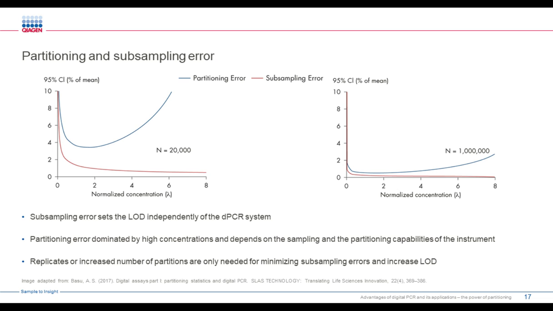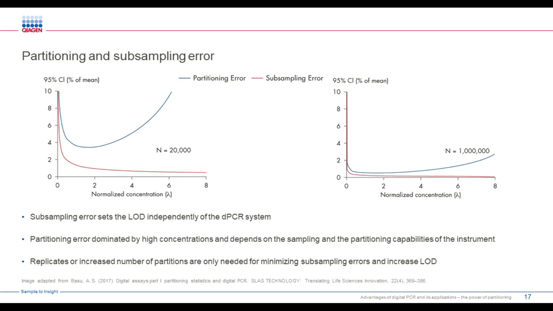As I mentioned earlier in this presentation, there are vendors that have different numbers of partitions. We have two different ones: one is 8,500 and one is 26,000 partitions. They have different partitioning errors, because you can load less in the 8,500, as it will be oversaturated much faster than the 26K. That is what this partitioning error stands for.